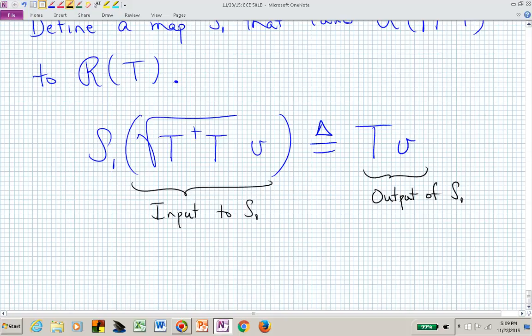And again, think of S1 as just a rotation. So maybe the input to S1 starts on the x-axis and the output maybe ends up on the y-axis. So we're just doing a rotation. That's S1.